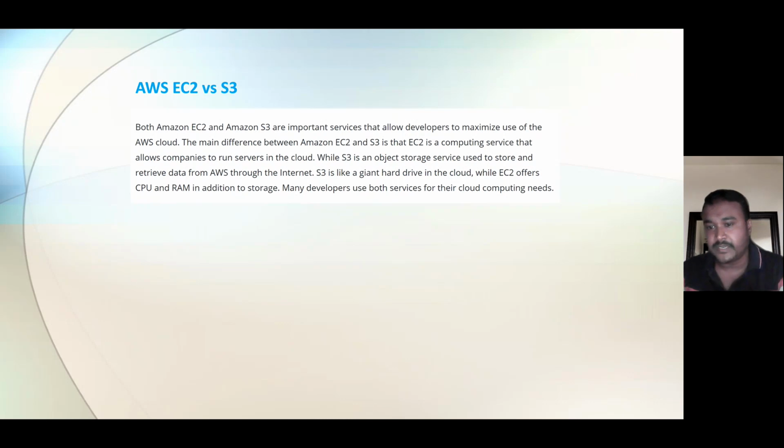You can store your objects in S3. Suppose you are taking a backup, image, file, metadata, whatever data, you can store it in S3. And with EC2, suppose you are running an application, you can deploy that application in EC2. So that's the major difference, but both are very popular services in AWS.